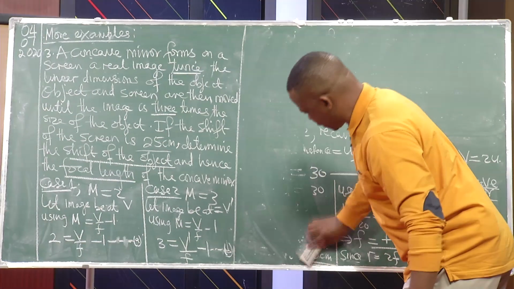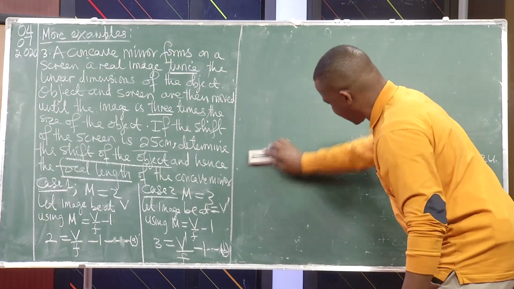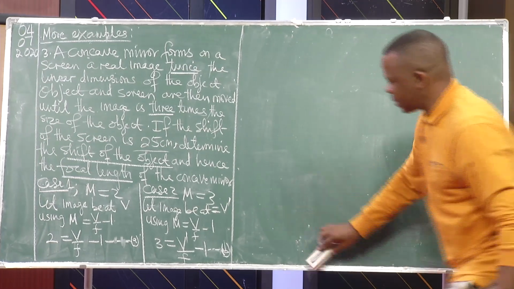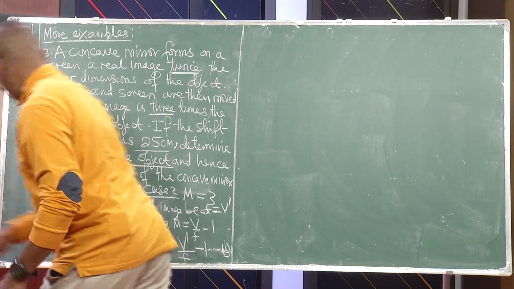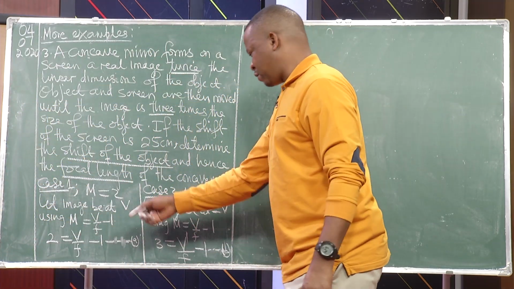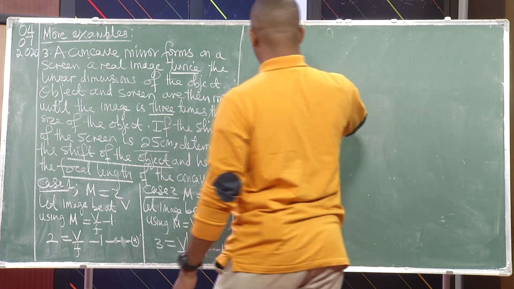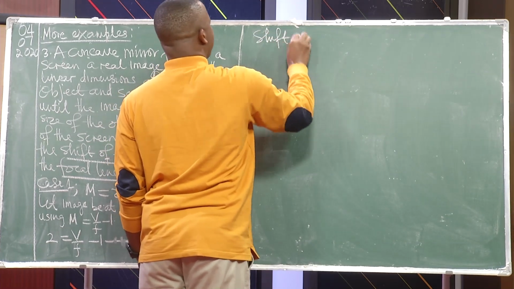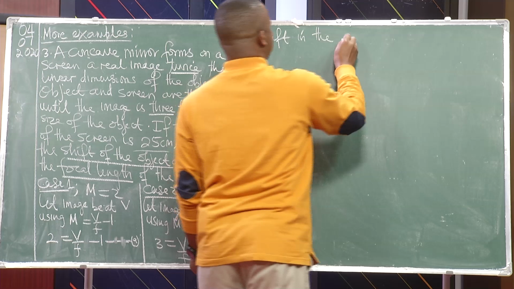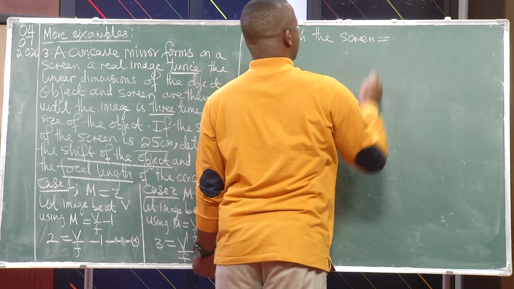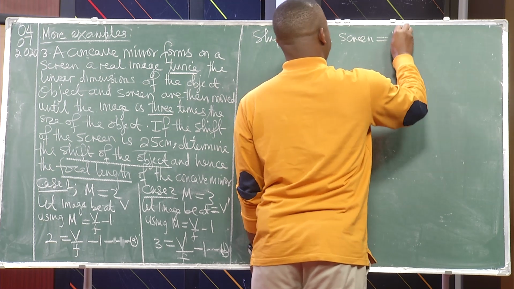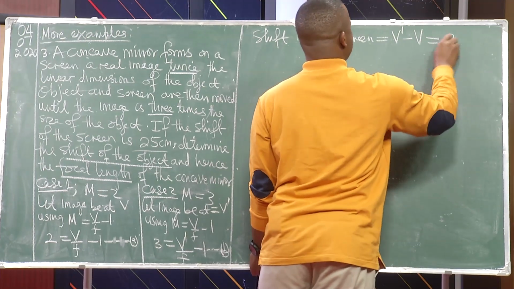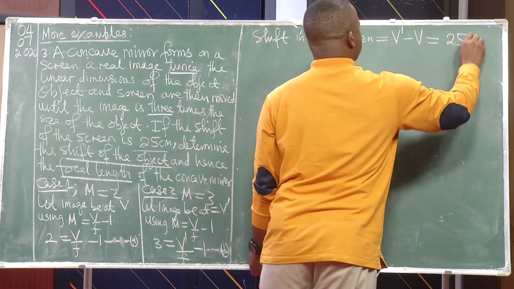Therefore, if we get that difference, which should be obtained by subtracting these 2, the shift in the screen should be the same as V prime minus V. And they are saying this is 25 centimeters.